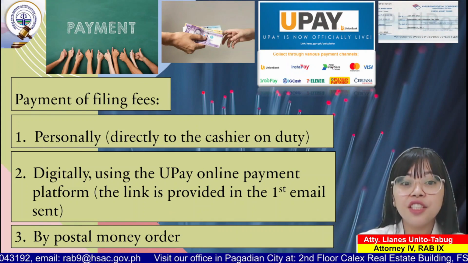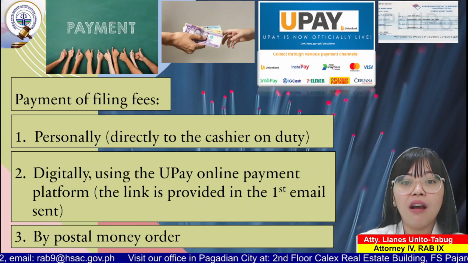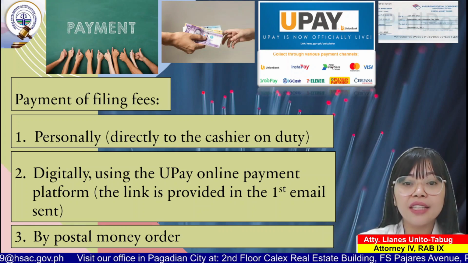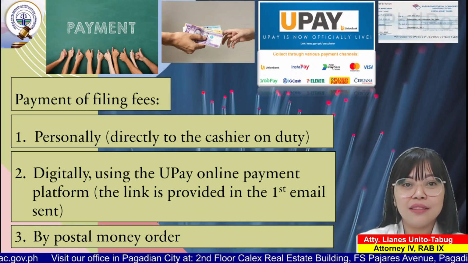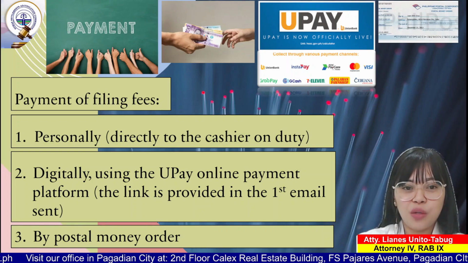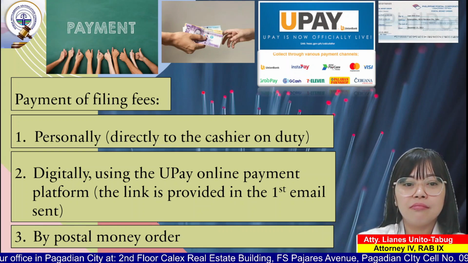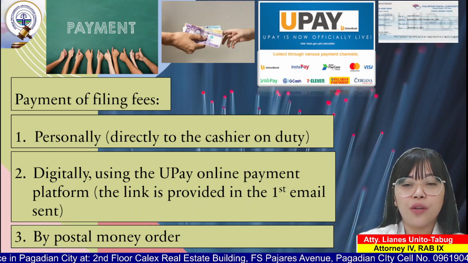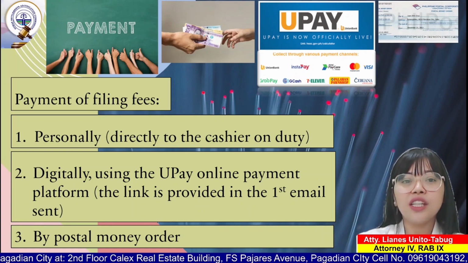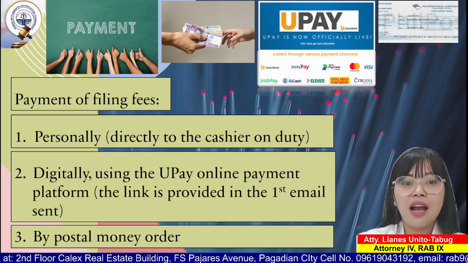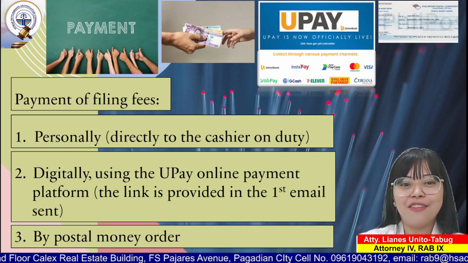Second is digitally, using the UPay online payment platform, which the link is provided in the first email that we sent you. The third one is by postal money order. So you can just select any of those 3 ways of paying the filing fees.